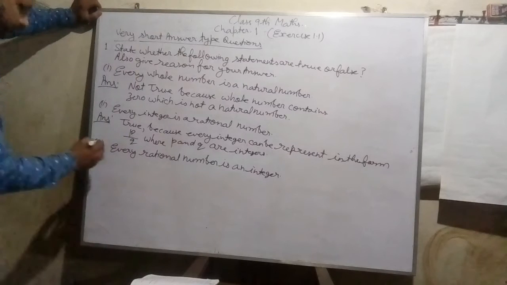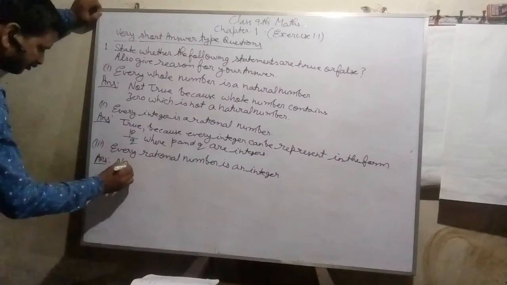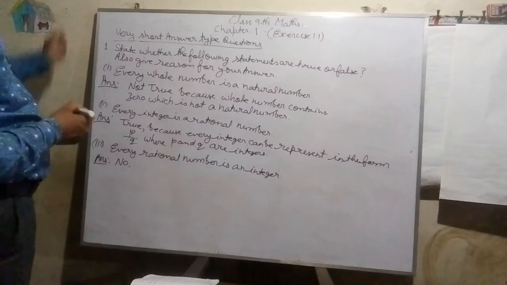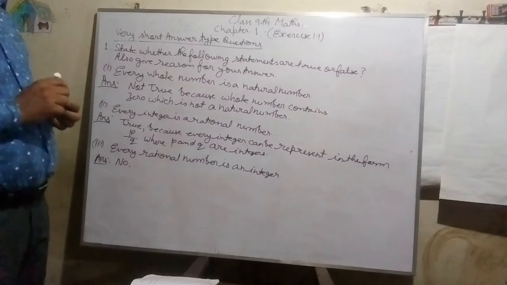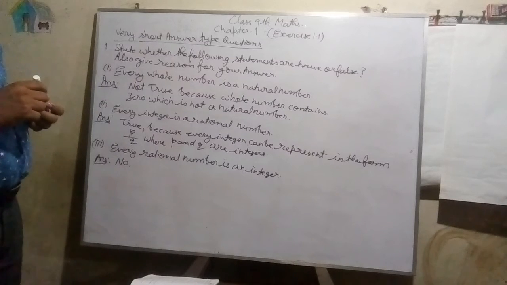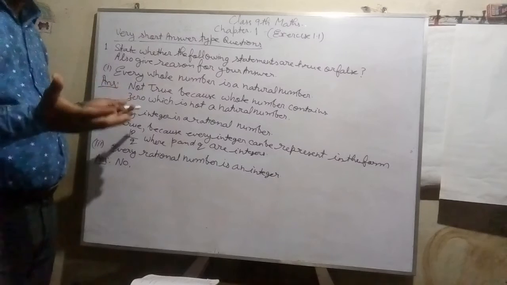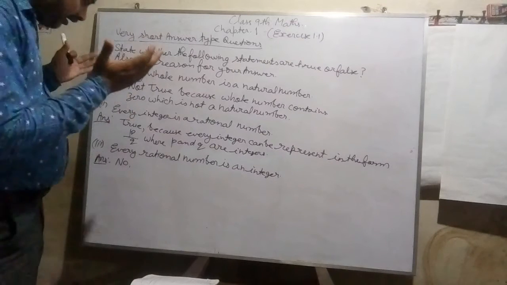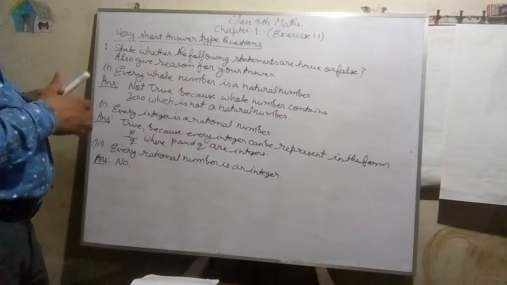Answer, no. Why no? क्यों? Every rational number is not an integer because rational numbers also contain fractions, and fractions are not integers.